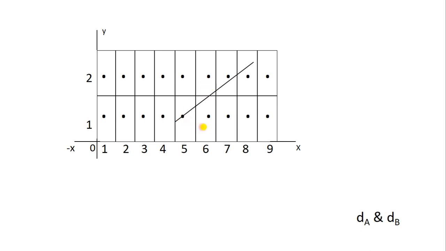If this pixel is near, then I will join the line from here to here, and after that from here to here. With the pixel only I can draw the line. I cannot draw the line like zigzag. With the pixel only I can draw the line.